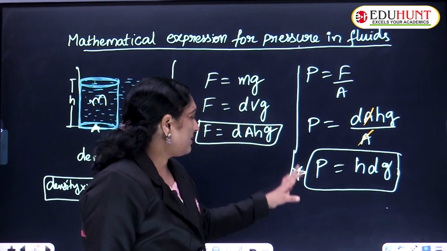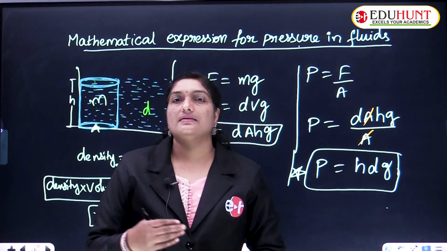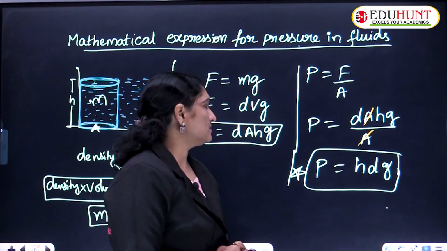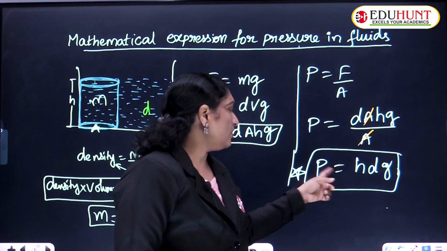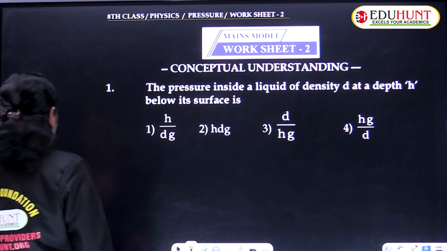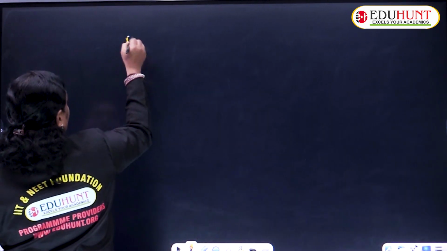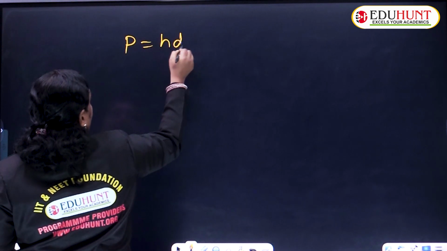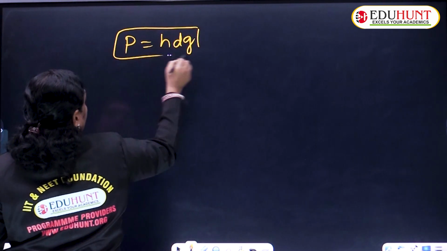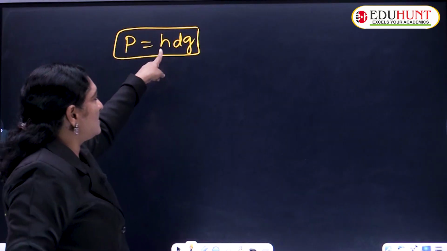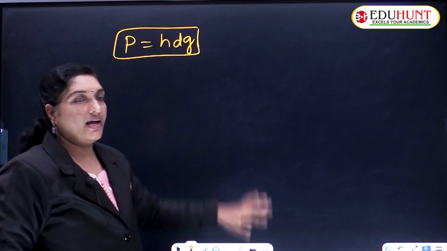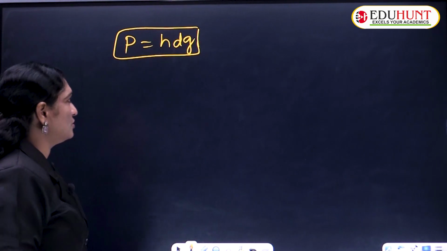From this formula, let us discuss a few more concepts. P is equal to HdG. H indicates depth, D indicates density and G indicates acceleration due to gravity.